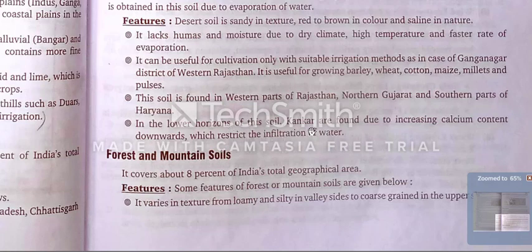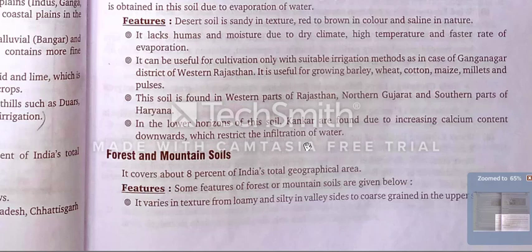Means in the lower part of the soil, kankar is found, due to increasing calcium content. Means the ratio of calcium increases downwards, which restricts infiltration of water.